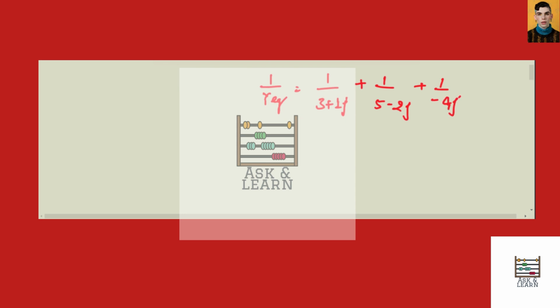Now we have to simplify it. Multiply the conjugate in the numerator and denominator both. You will get 3 minus J over 9, which is the square of 3, plus 1. Similarly, here you will get 5 plus 2J upon the square of 5, which is 25, plus the square of 2, which is 4.